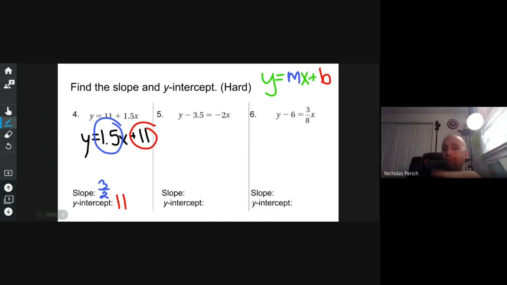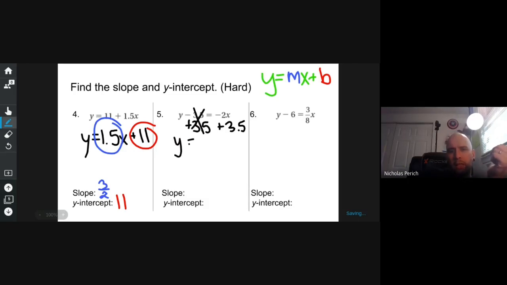Problem 5, is y all by itself? No. In fact, it's y minus 3.5. So I have to get rid of minus 3.5 by doing the opposite of minus 3.5, which is plus 3.5 to both sides. When I add 3.5 to both sides, that crosses out.